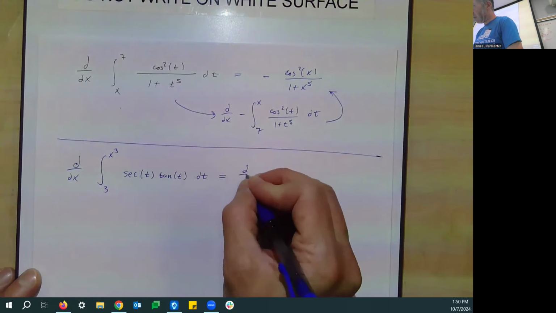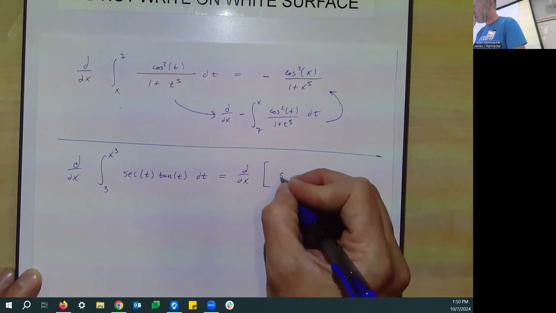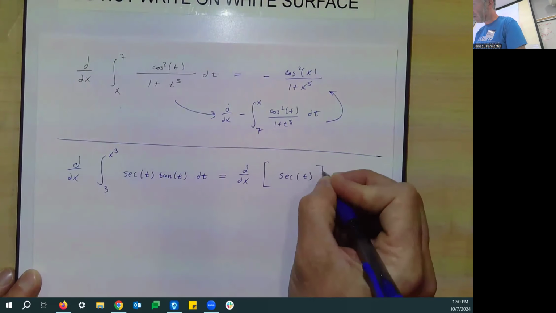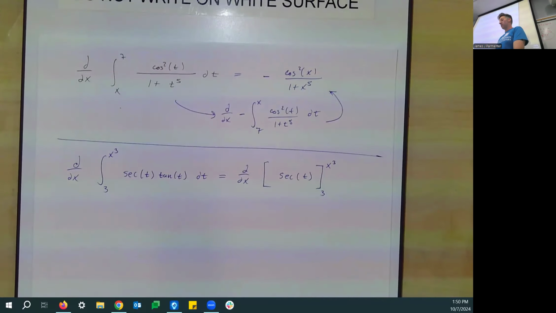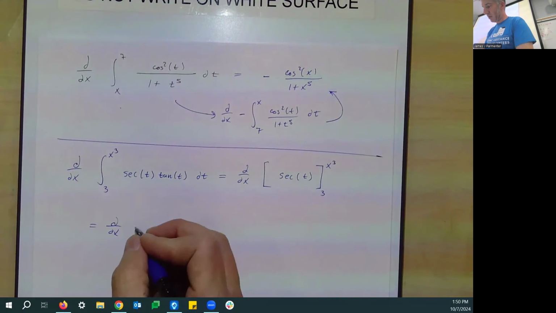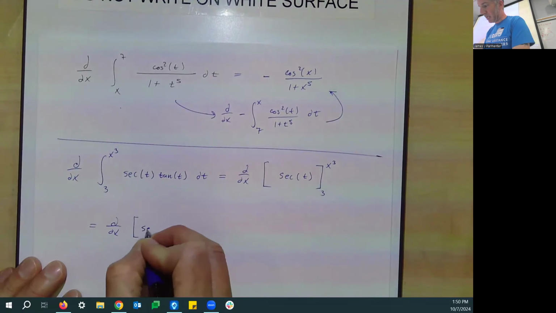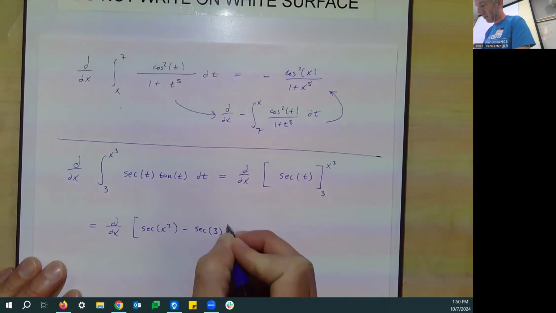So we're going to have the derivative of the antiderivative of secant of t times tangent of t, which is secant of t, from 3 to x cubed. All right, the antiderivative of secant of t tangent of t is secant of t. Then we plug in our limits of integration, just like every other time. We're going to get secant of x cubed minus secant of 3.